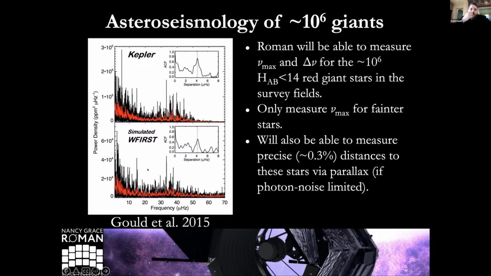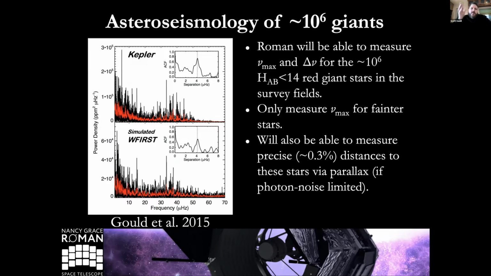With the photometry, Andy Gould showed that while it's not exquisite, it's good. We can actually do asteroseismology of giants. So giants have asteroseismic signatures that are higher in amplitude and longer in time scale, which makes them amenable to detection with Roman. And so we would be able to measure the frequency of maximum power and the large frequency separation for about 10 to the 6 bright red giants in the survey fields.